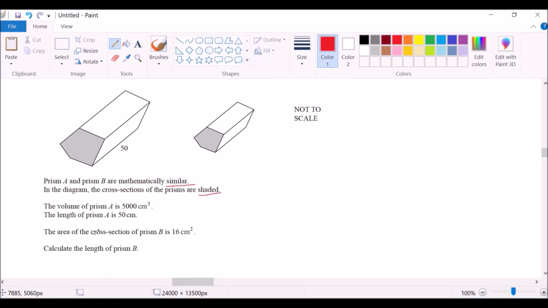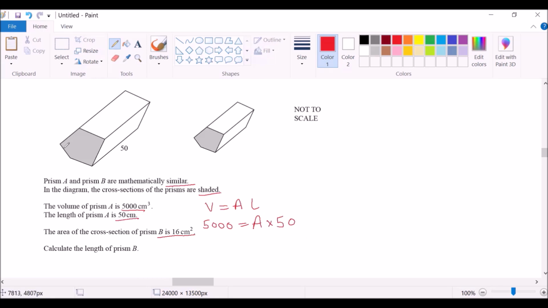So we are given the volume of prism A. We can calculate the cross-sectional area of prism A. Volume is equal to area times length. Our volume is 5,000 cubic centimeters for A, and the length is 50 centimeters.